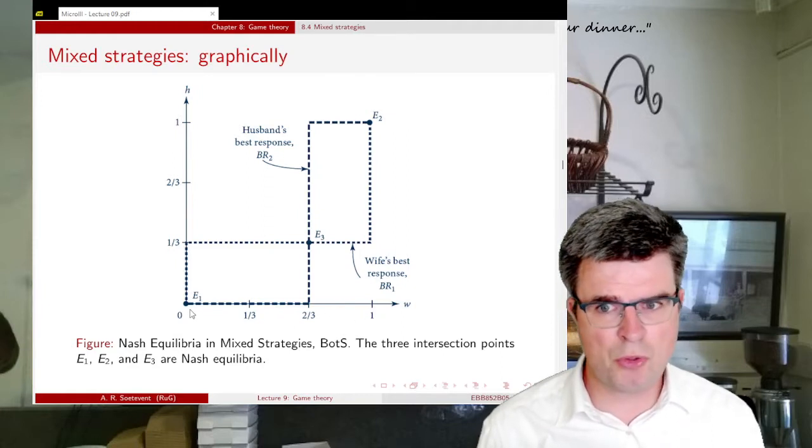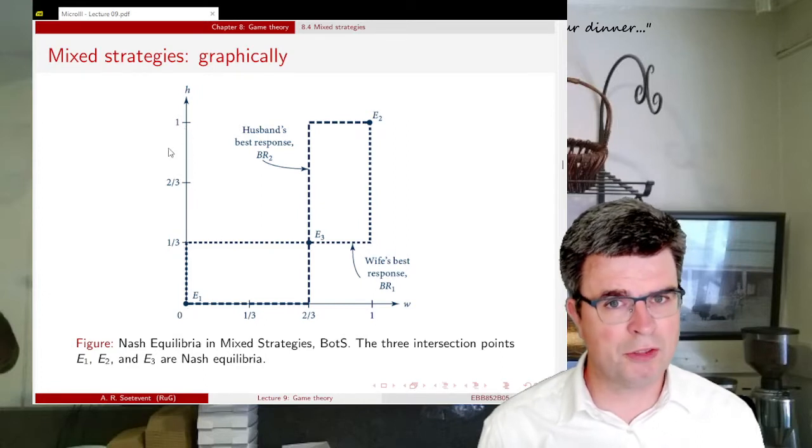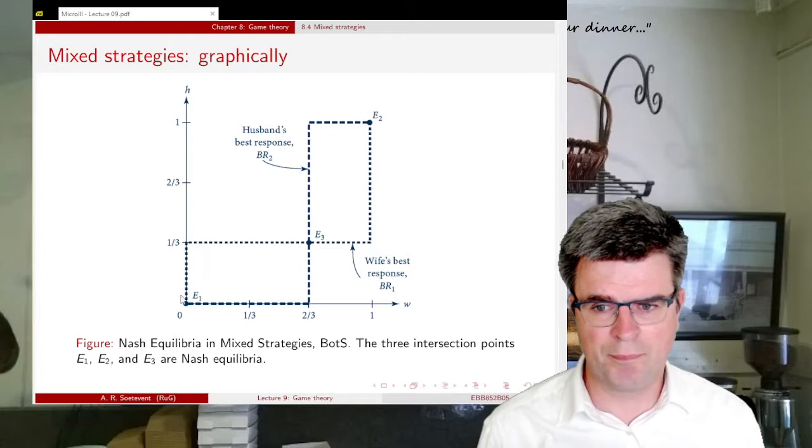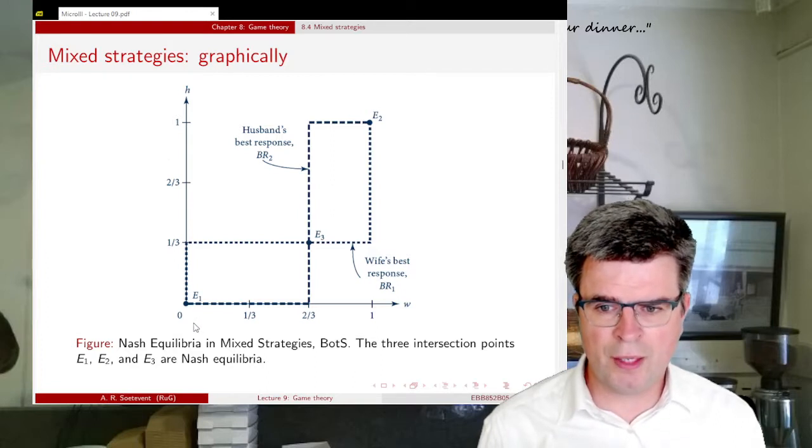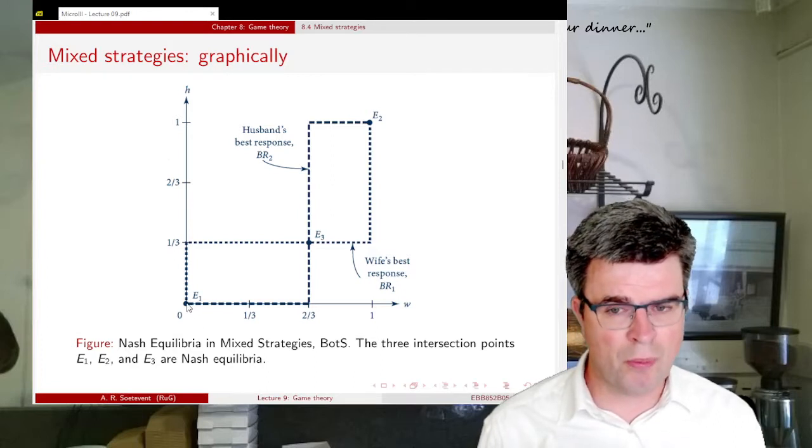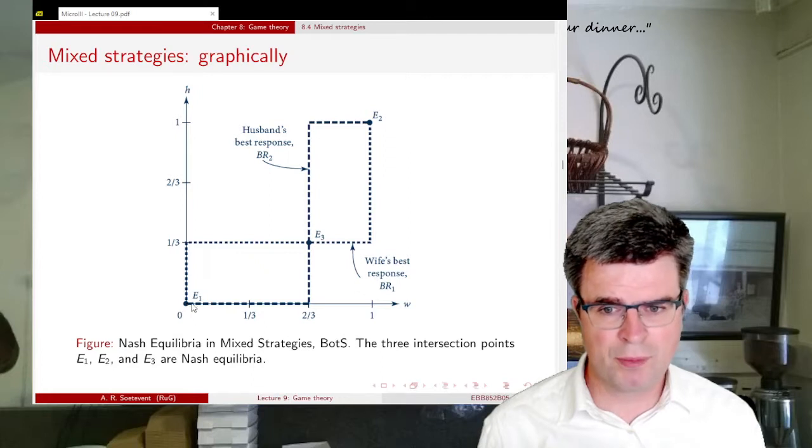It runs from 0 to 1. And this is the probability with which the column player mixes between Italy and Sweden. So we observe that 0, 0 is an equilibrium, because if we map the best response function, say, of the row player, so that's the one over here. This is the best response function of the row player.